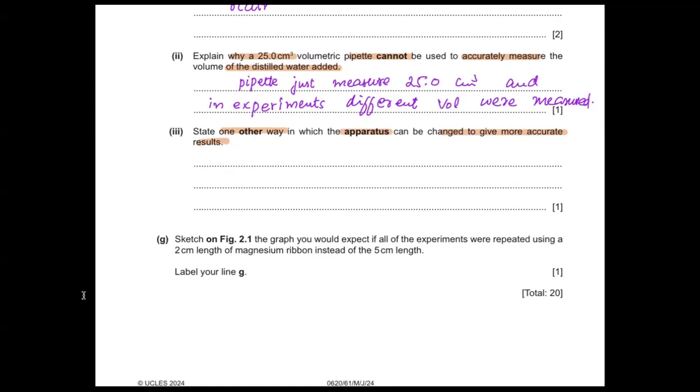And that is an approximate measurement. But if you recall, the burette has a tap at the bottom, so we can control the volume, whatever volume we want to measure, and transfer that specific amount. So instead of the pipette, we can use a burette. In the next part 3, they are asking how we can make it more accurate? So we can use a burette instead of a measuring cylinder.